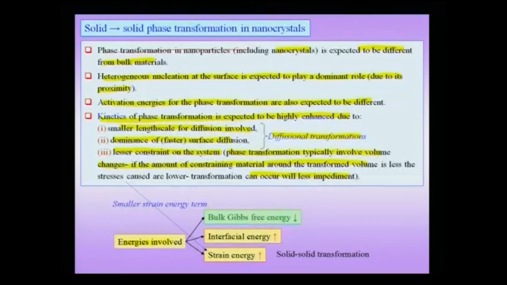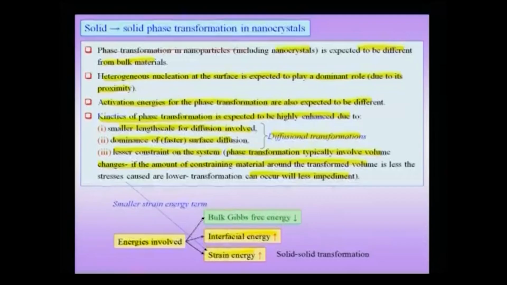We had noted earlier that out of the three energy terms involved in a phase transformation, the interfacial energy and the strain energy terms tend to oppose the phase transformation. Since now the system is less constrained, if there is a volume change or a shape change, this can easily be accommodated because there is a free surface in proximity. That implies that the strain energy term is going to be a lower term in a nanocrystal transformation as compared to a bulk transformation.